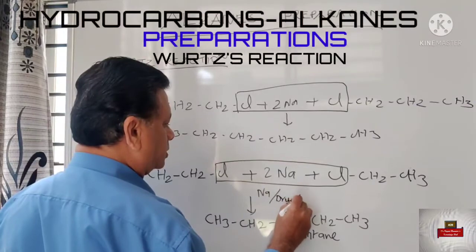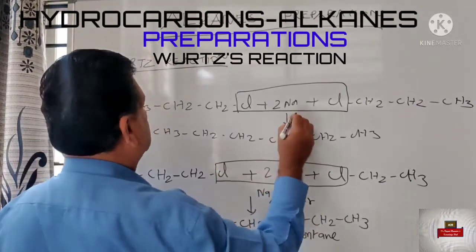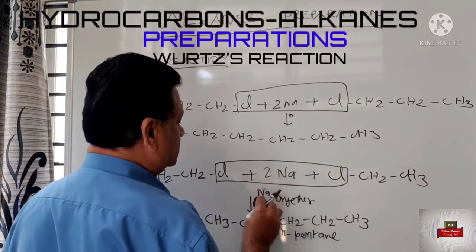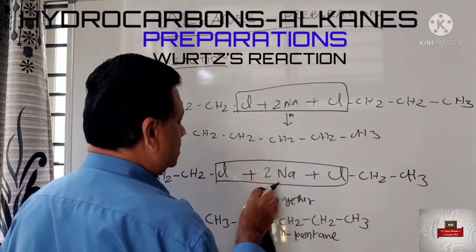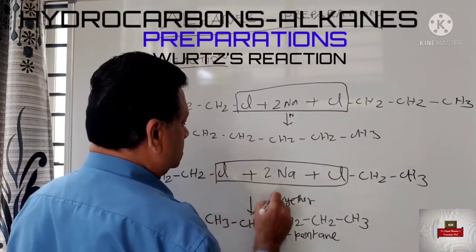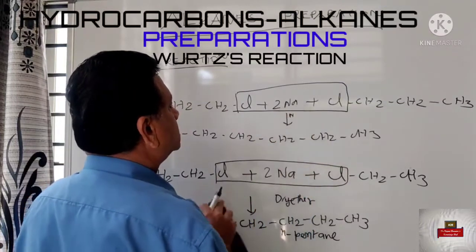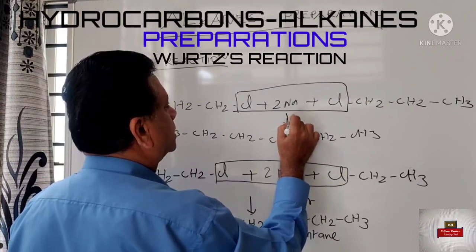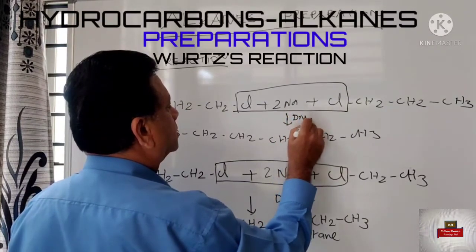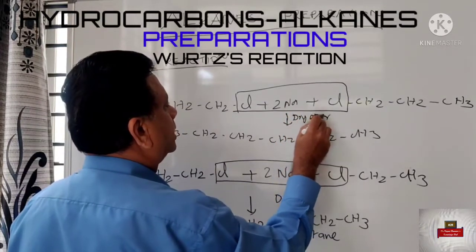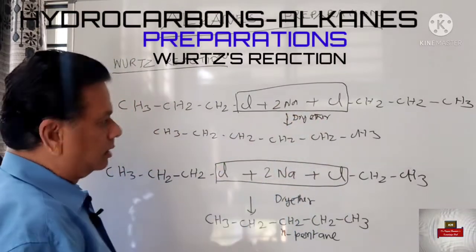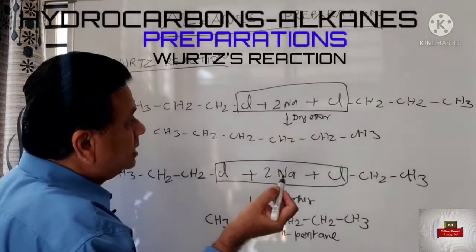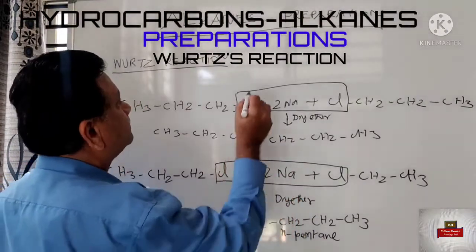Don't forget, you have to mention sodium in dry ether. Since sodium is written, we write dry ether as the medium only. It is understood that this sodium is in the dry ether. So you form one compound like this. What is another one that will be formed?